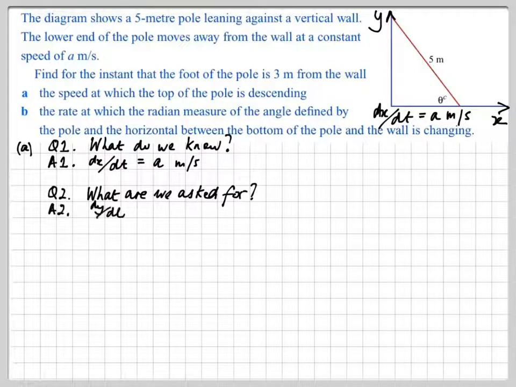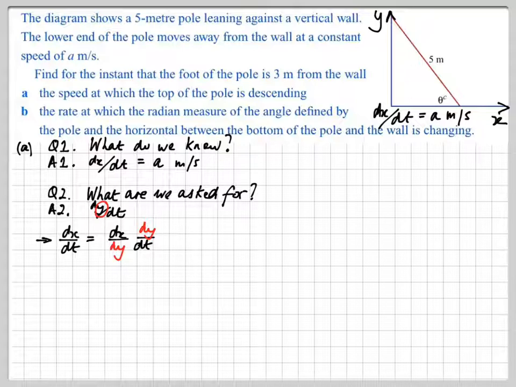They want dy/dt. That is all we need to know. We set up our equation: dx/dt, the one we know, is dx/d(something) times d(something)/dt. And what goes in the something? It's what they want, the y. So we put y, as I've shown you there, and we're all set up.